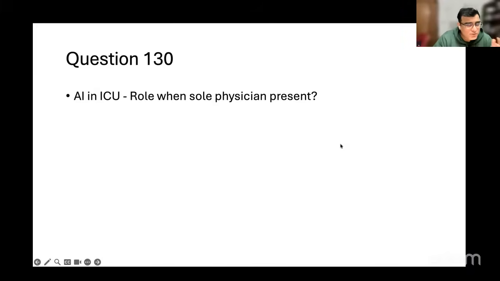It can alarm you early, like in hypotension and all of those scenarios. So a lot of things can be done with AI. Somebody told me about some AI in ICU role when sole physician is present, a kind of scenario was given. I'm not sure what the scenario was.